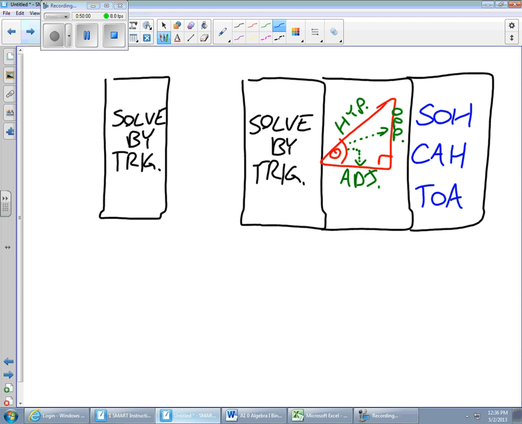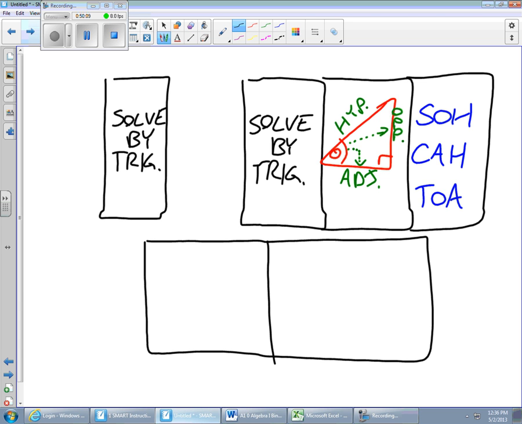Okay, now fold it the opposite direction, which should give you 4 panels. Okay, and this is going to be a step-by-step for how to solve your trig. Okay, step number one, anytime you're working with your calculator on trigonometry, is check your mode.